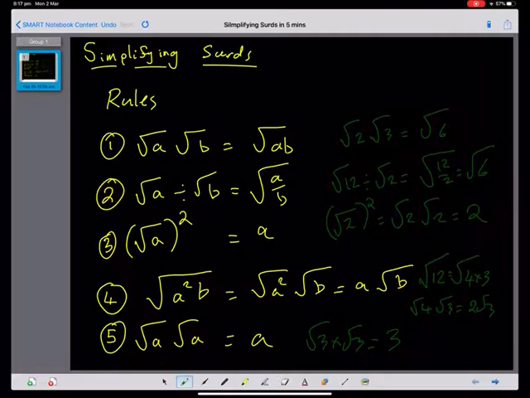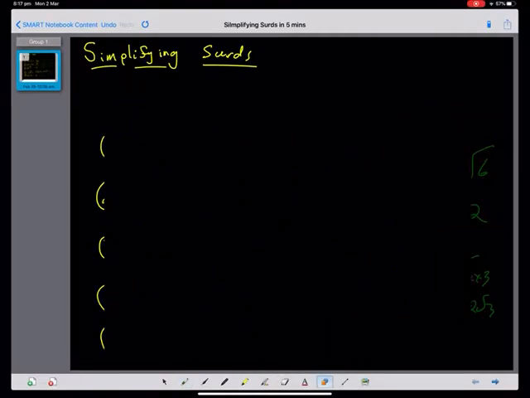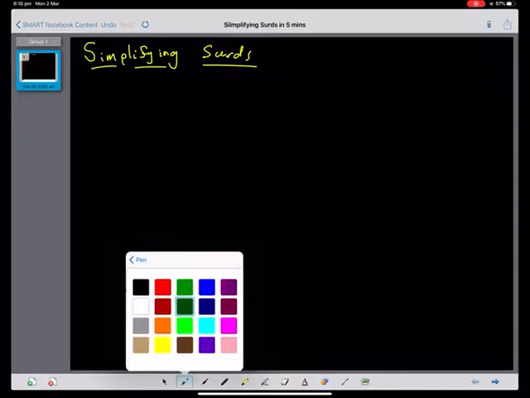Okay, so let's have a look at 5 examples of simplifying some surds.